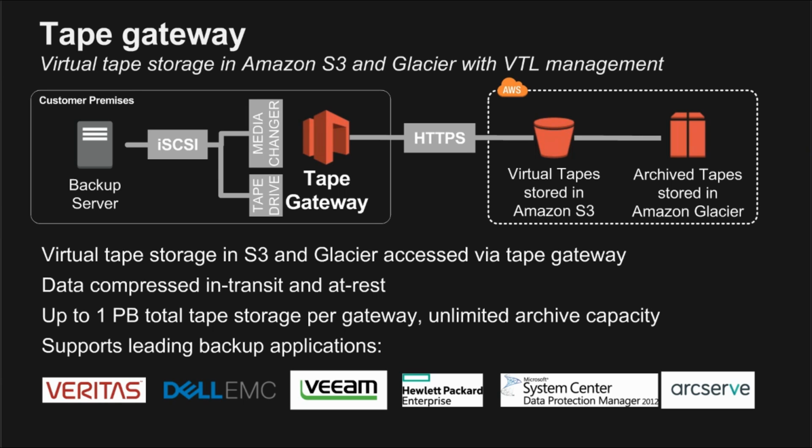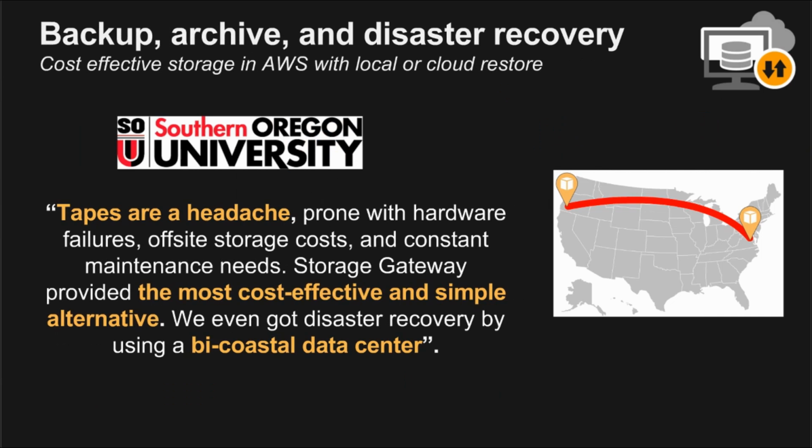And so we allow you to take that workflow that you have today inside of your data center and to be able to transfer it into AWS so that you can still take advantage of the backup software that you have today, still have the same workflow with being able to write to tapes and then being able to send those tapes out of the library for long-term archiving and long-term storage.